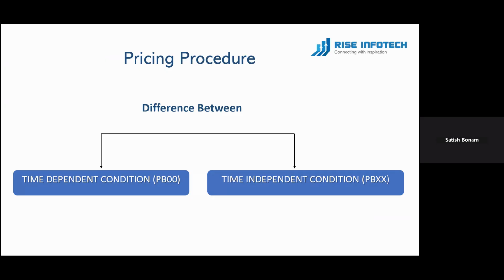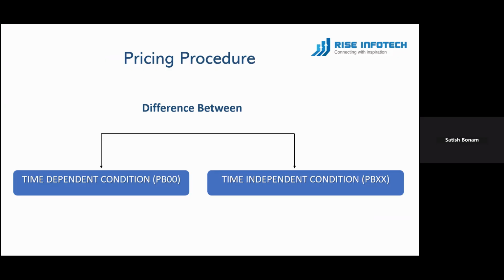Time dependent conditions are applicable based on time, like in info records and contracts. We mention the validity period of the conditions; for different validity periods, different conditions may apply, making them time dependent. When you want the price to be automatic in the PO, you can use a PB00 condition type.